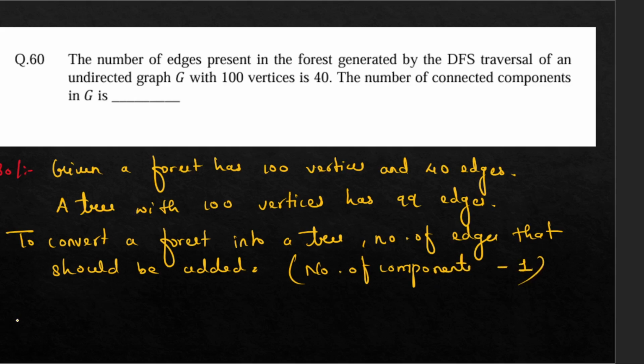If we assume that the number of components is x, the equation is formed as 40 plus x minus 1 equals 99. So x will be 60, right? X will be 60. So this is one way.